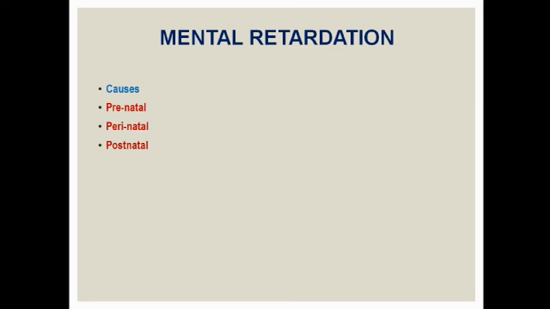And what are the causes of this mental retardation? It can be in the prenatal stage because of chromosomal abnormalities, or individuals having a strong family history of mental retardation, like the previous child of the same parents having suffered from Down syndrome, or the grandparents having a history of mental retardation.